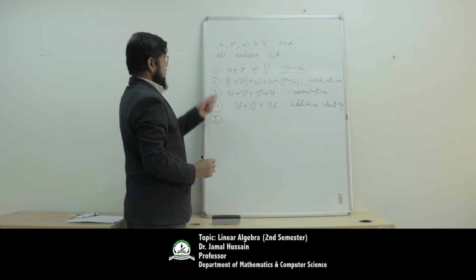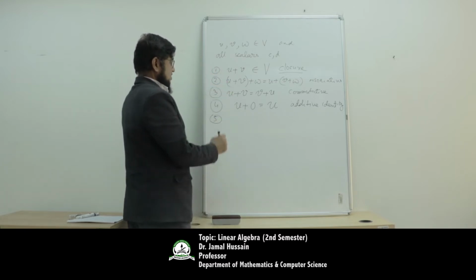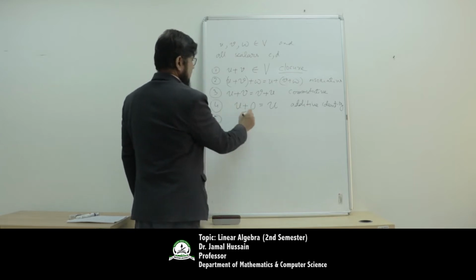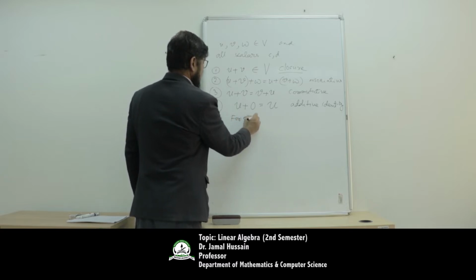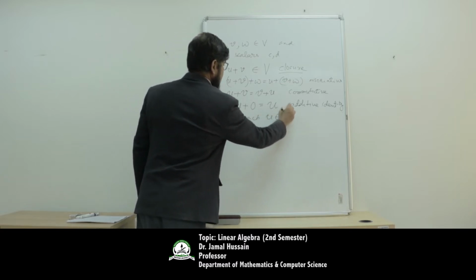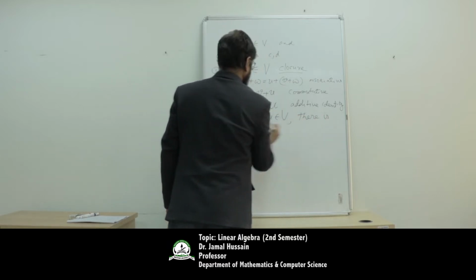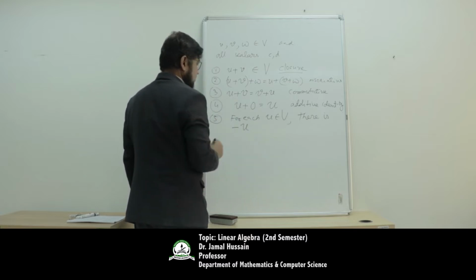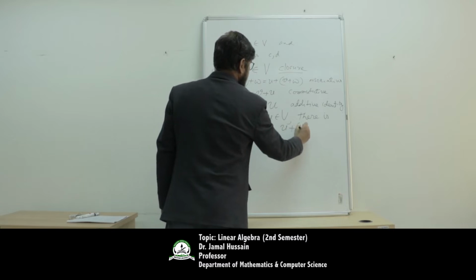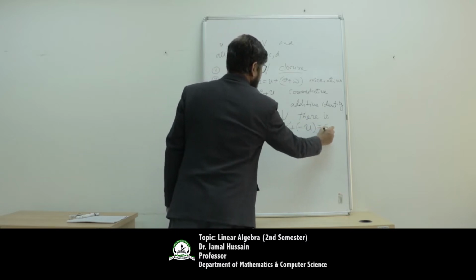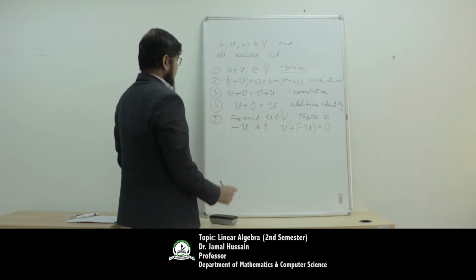And the fifth one, there are 5 properties in respect of this addition operation. For each u in the set V, there is another element denoted by minus u, such that when I add these two, I get the additive identity mentioned in rule 4.